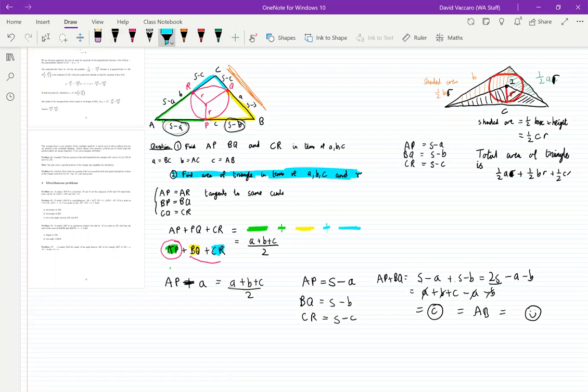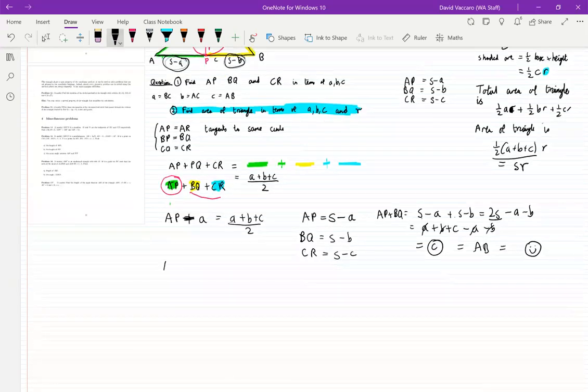Because in each case, the height of the triangle is the inradius R. Okay, because these radiuses are all perpendicular to the tangents to the circle. So the area of the triangle is 1/2 (A plus B plus C) R, but 1/2 (A plus B plus C) is just my semi-perimeter times R.